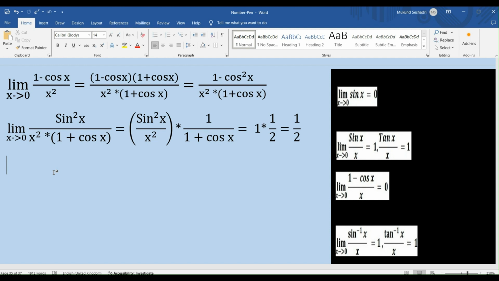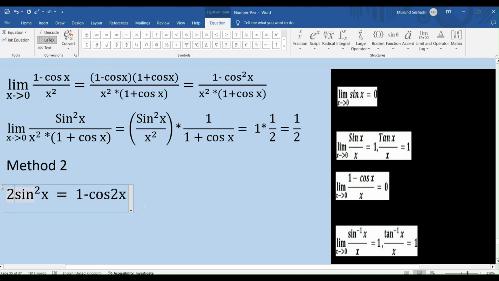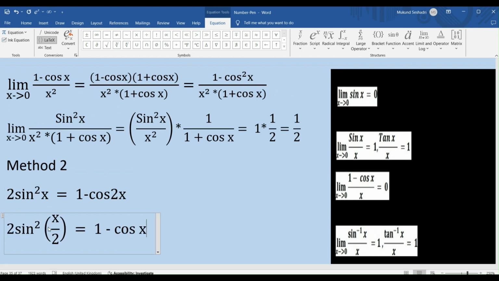So we know that sine of, let me write this out here. So this is the formula that we have: 2 sine square x equals 1 minus cos 2x, right? So this also means 2 sine square x by 2 equals 1 minus cos x, right?